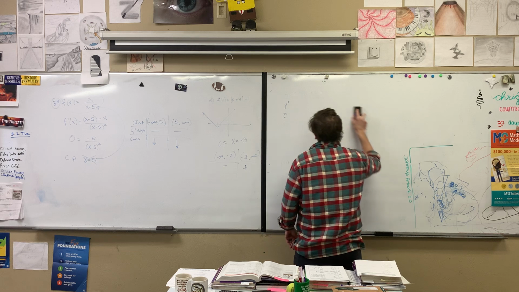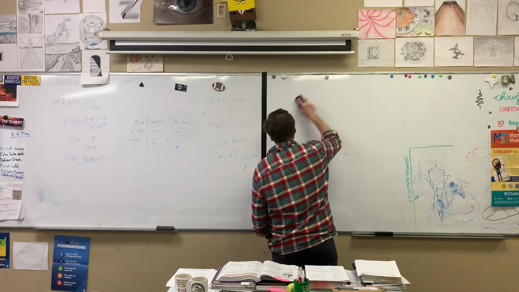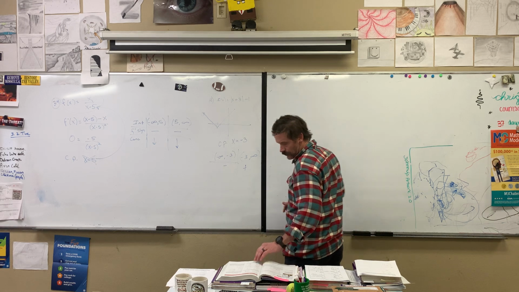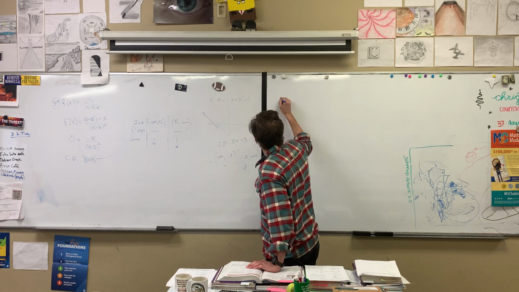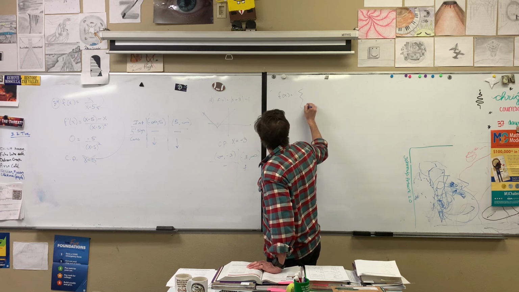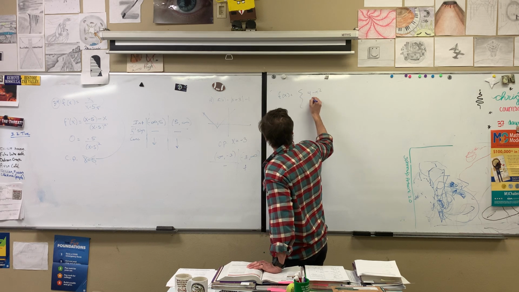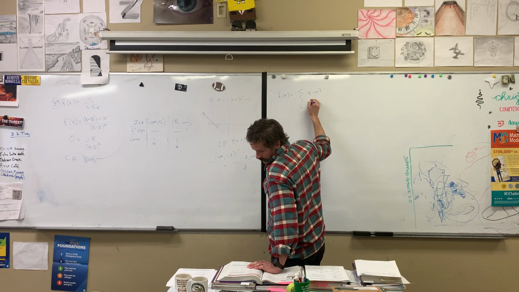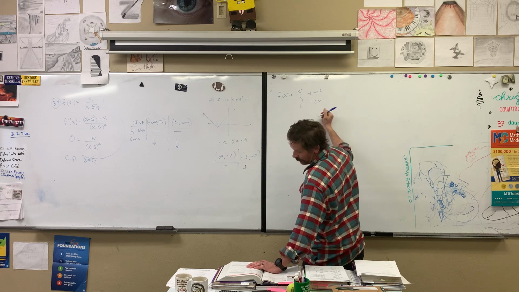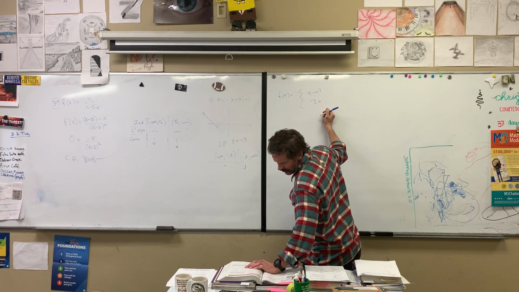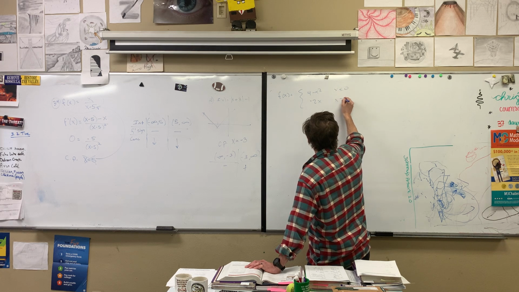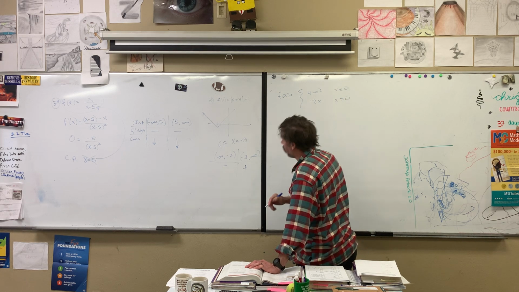There's not a specialty derivative for a piecewise function. You can just take f of x equals 4 minus x squared, and then negative 2x, and they give you x is less than or equal to 0, and x is greater than 0.